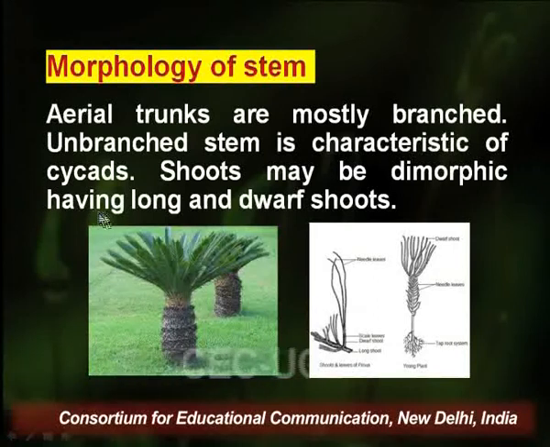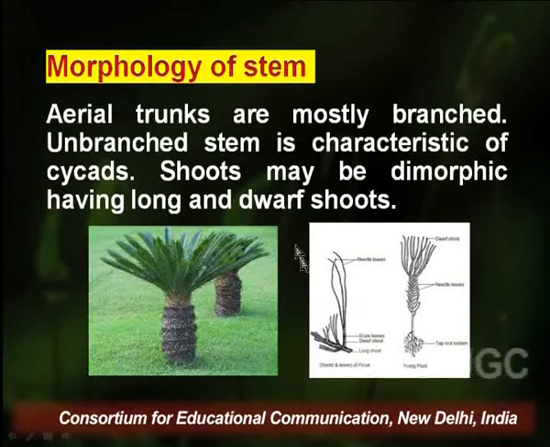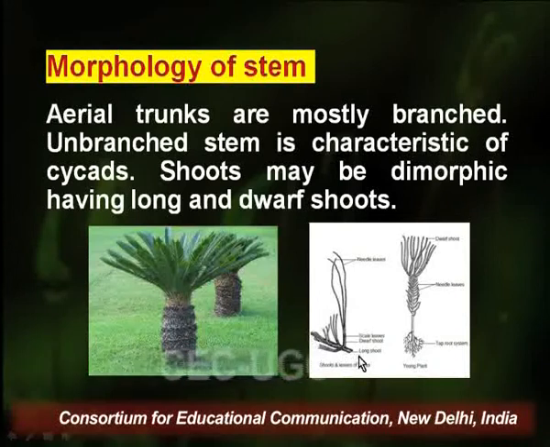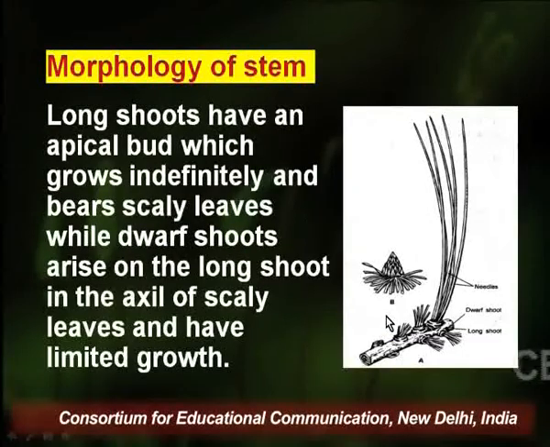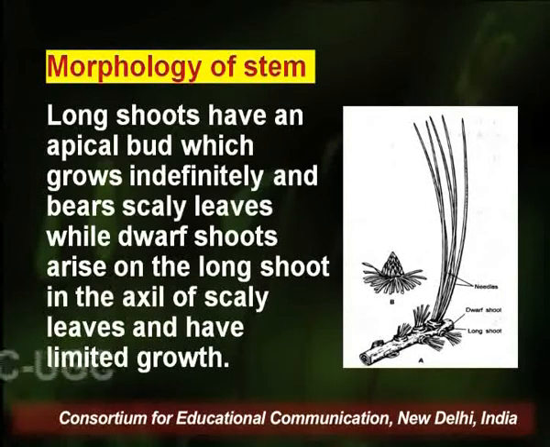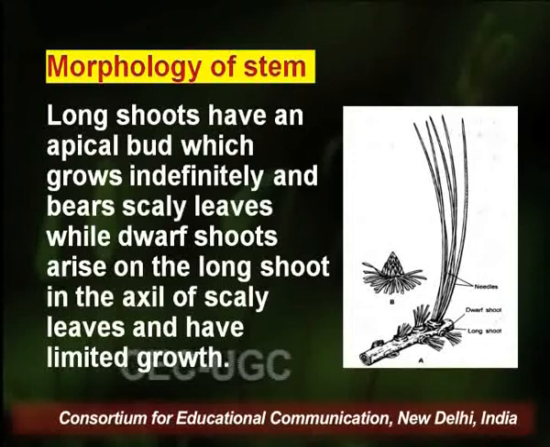They can be a long shoot or they can be a dwarf shoot. Here in the diagram you can again see two types of shoots, the long shoot and the dwarf shoots also. The long shoots have an apical bud which grows indefinitely and they bear scaly leaves, while dwarf shoots arise on the long shoot in the axil of a scaly leaf and they have limited growth.